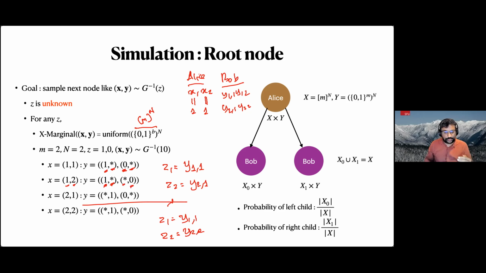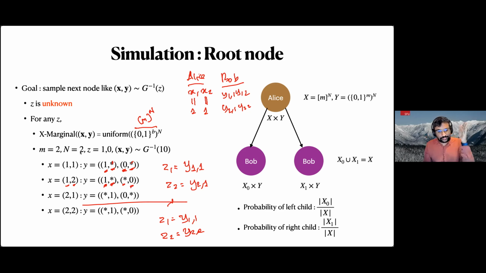The remaining inputs describe all the inputs X comma Y in G inverse of 1, 0. But if you look at any particular X, the number of Y's for which X comma Y is in G inverse of 1, 0 is exactly 4, because you can turn this bit into either 0 or 1, or this bit into either 0 or 1. So for any particular X, the number of Y's that are valid inputs which produce 1, 0 as the output of the gadget is exactly 4.